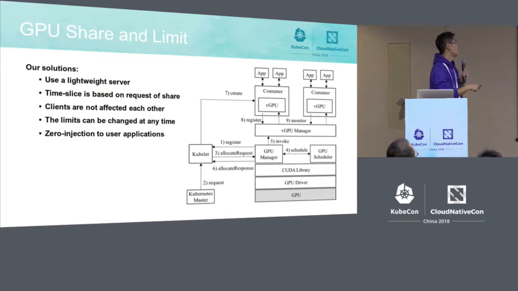Well, this slide shows the design of our solution, and we can see the vGPU manager is a core part of this design. Our solution has the following advantages. First, it uses a lightweight server.